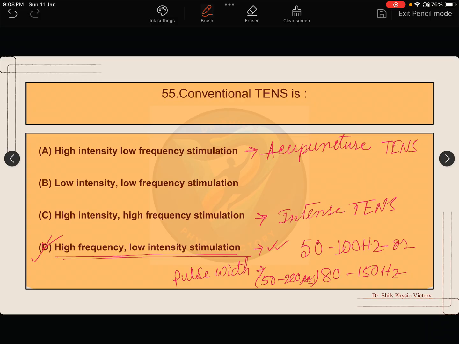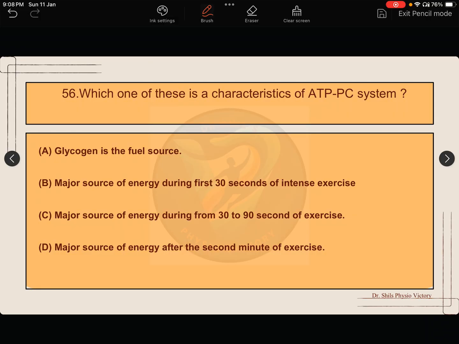Next, come to question number 56. Which one of these is a characteristic of the ATP-PC system? Option A, glycogen is the fuel source. Option B, major source of energy during the first 30 seconds of intense exercise.